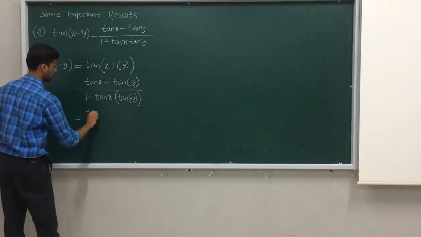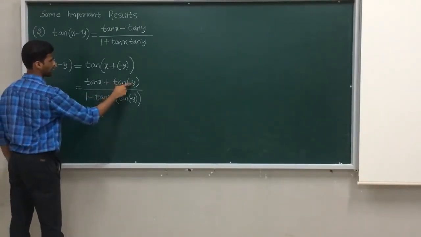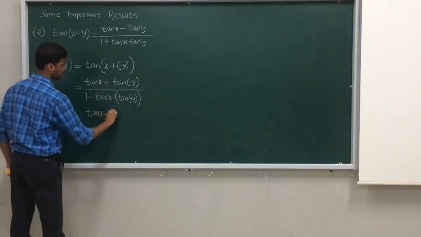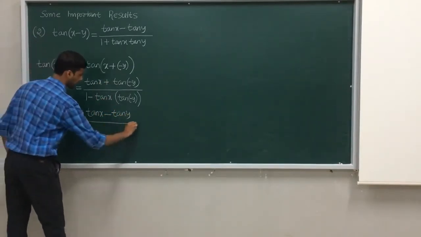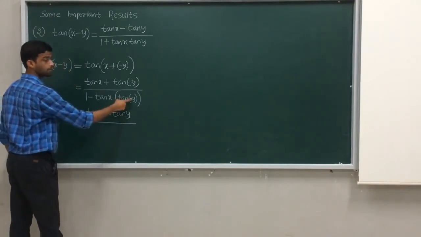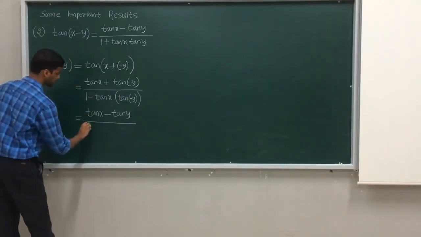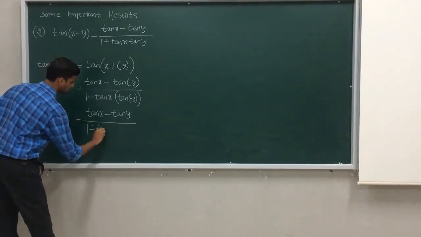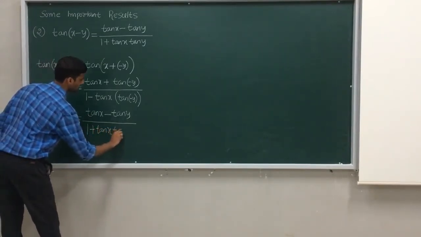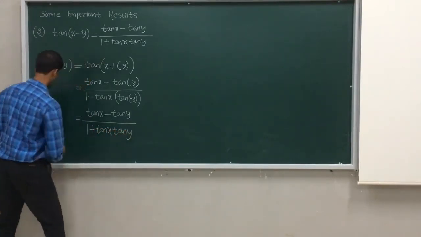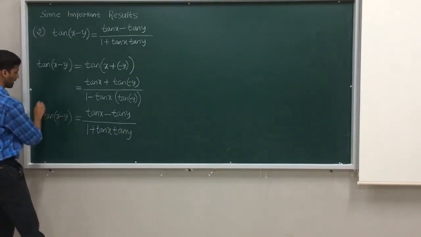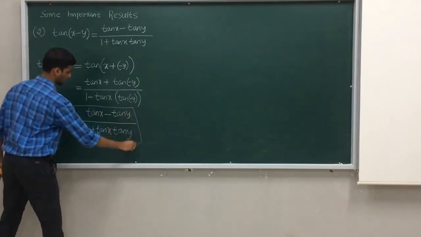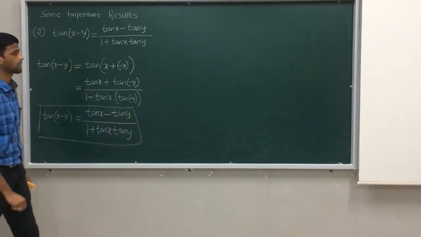Therefore it becomes tan x as it is, plus tan y, whole divided by 1 plus tan x into tan y, since minus and minus become plus. Therefore tan of x minus y is always equal to tan x minus tan y upon 1 plus tan x tan y.